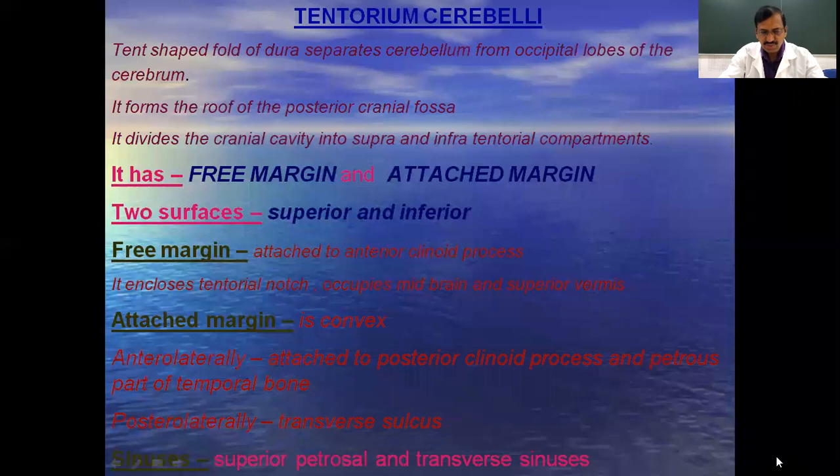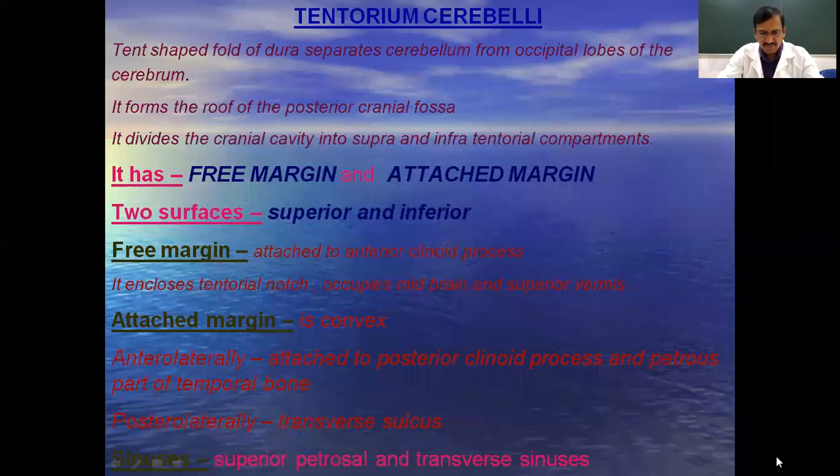This part of the temporal bone provides attachment to the attached margin anterolaterally, and posterolaterally it is attached to the groove along the occipital bone on both sides of the internal occipital protuberance. The internal occipital protuberance is a small bony elevation, just like our external occipital protuberance.